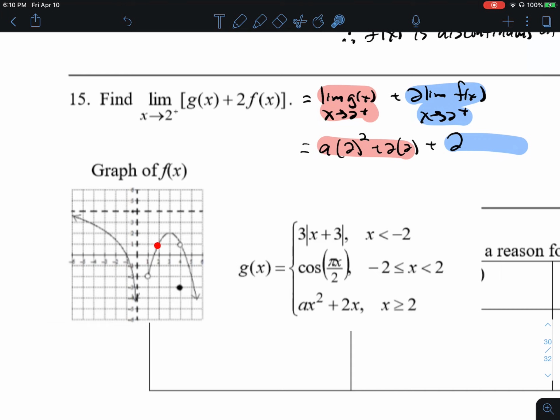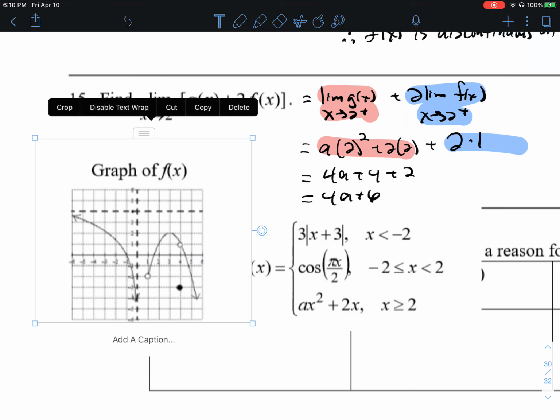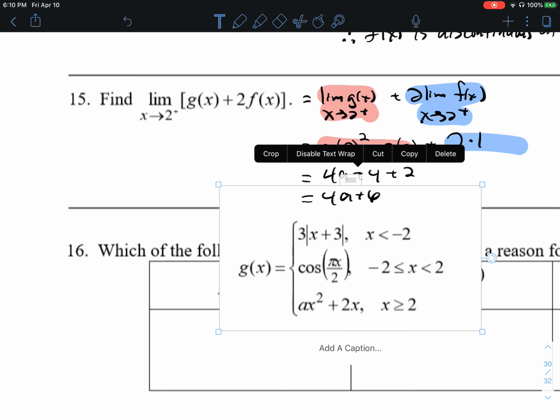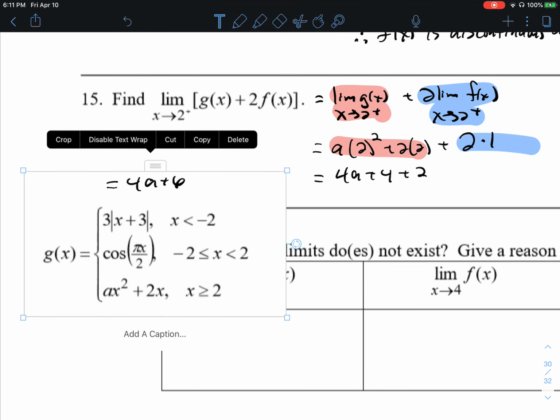If you approach 2 from the right, you're getting closer to 1. That's going to be 4a plus 4 plus 2. That's going to be 4a plus 6. Best we can do with that.